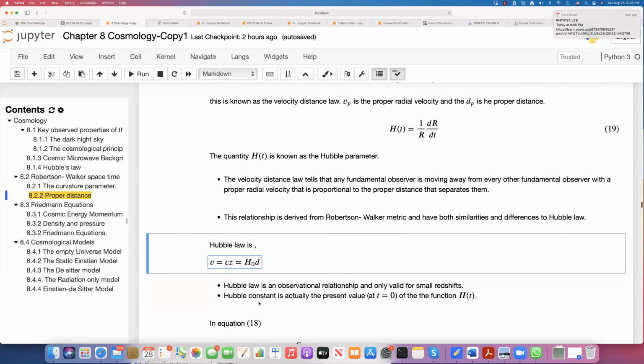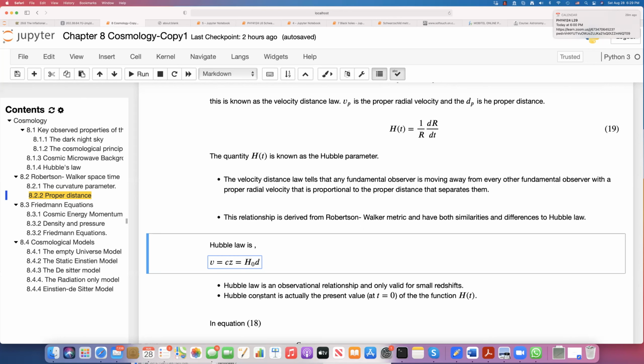Actually, this Hubble constant represents the current value of the Hubble parameter. So that is the relation between those two, right? Now, the one thing is Hubble law is an observational relationship only valid for small redshift, which means this Hubble constant would not be a constant if you go for very high redshift values. However, for smaller redshifts that we are considering, we can still take that as a constant, and it is an observational relationship.